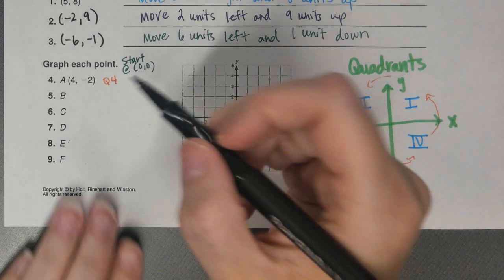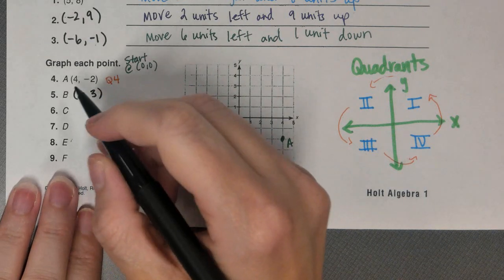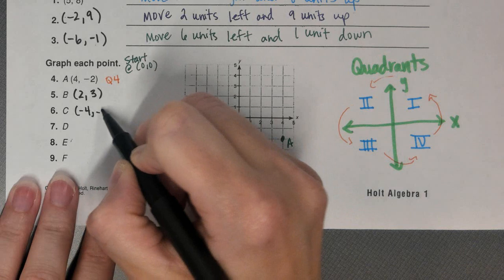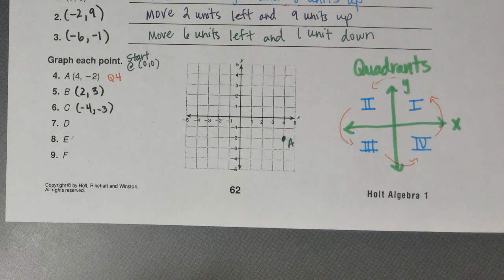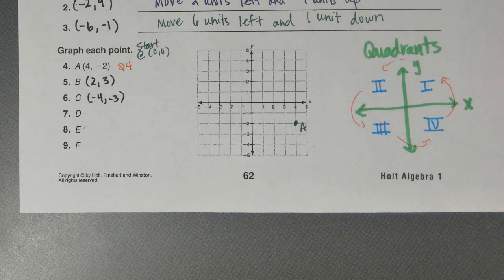All right, and then I'll give you B and C. Okay, so let's do those. And again, I know that this stuff is review for you, but we're going to put this together with something else in just a few moments.